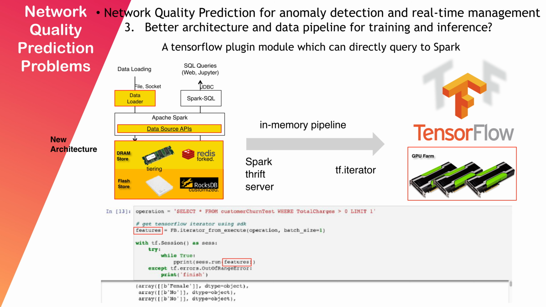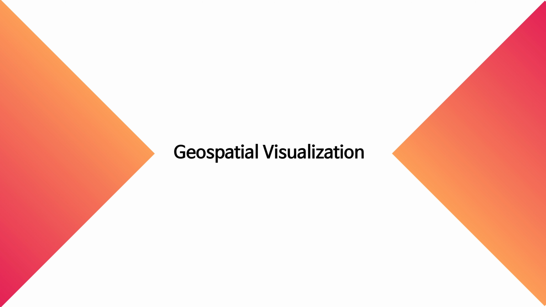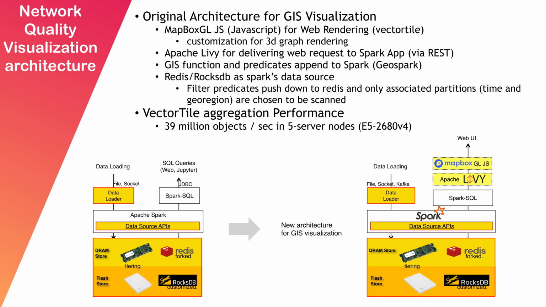The final part is to explain how we implemented geospatial visualization. For GIS visualization, we have used several APIs. First, we integrated Mapbox GL with our architecture for vector tile rendering. Mapbox GL has also been customized for 3D graph rendering, which can help to make the analyzed data more intuitive according to the density of data.